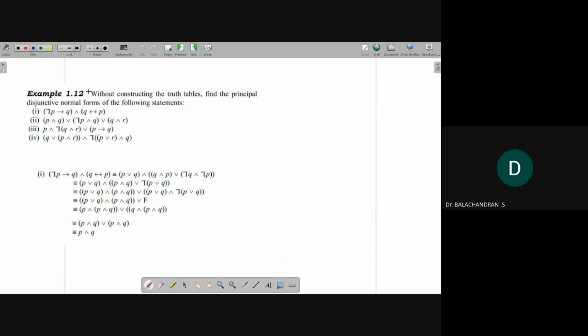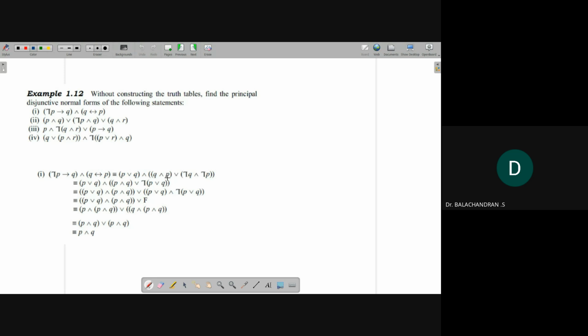Okay, so these four problems come for this formula. You need to find the PDNF. I will take the first problem. Negation P implies Q and Q biconditional P. Which is equivalent to P implies Q means negation P or Q. That is negation of negation P, P or Q. And we know that P biconditional Q, I gave two equivalent formulas.